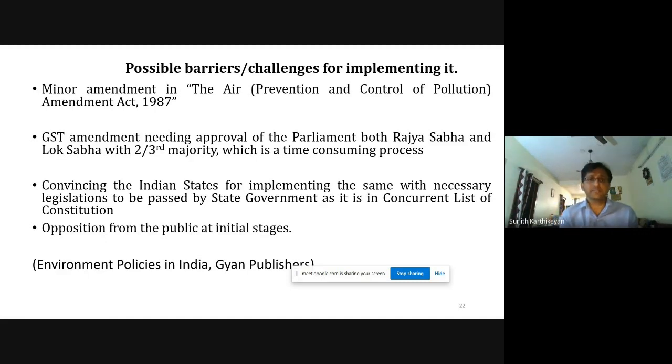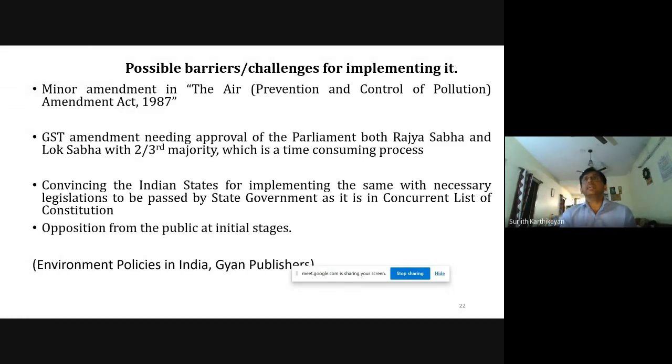So this is practicable if all the states decide on it unanimously, and convincing the Indian states to implement the same with the necessary legislation is part of the state government, as it is in the concurrent list of the Constitution. Here, producing states may be affected because they might be producing more goods, due to which they have to pollute their environment.